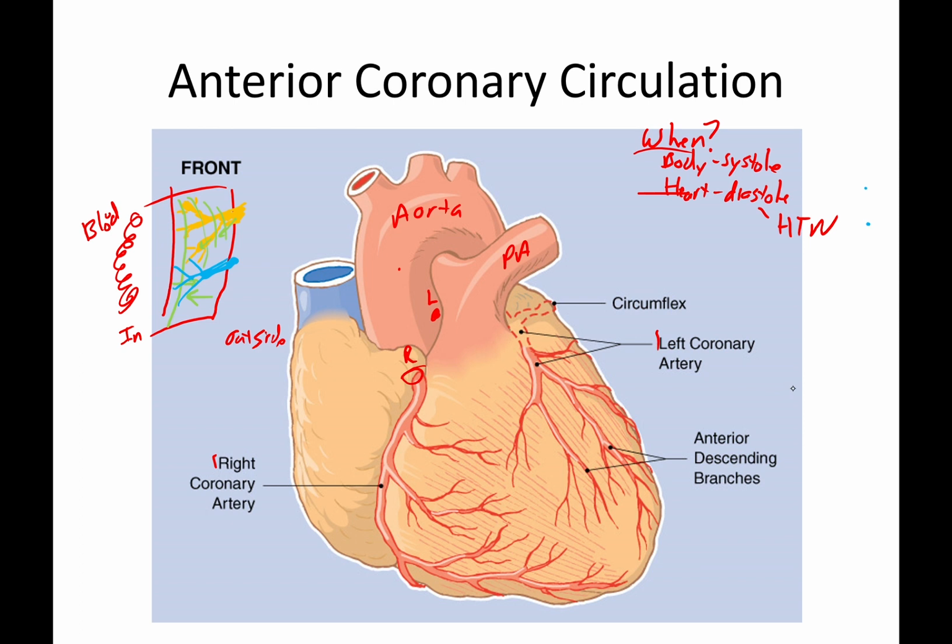Zones is probably the bigger part of what we need to discuss now, and it's this. So the right coronary artery will feed that right half of the heart. You can probably imagine that the sinus is somewhere in this zone, and that you've got your ventricles somewhere around here.